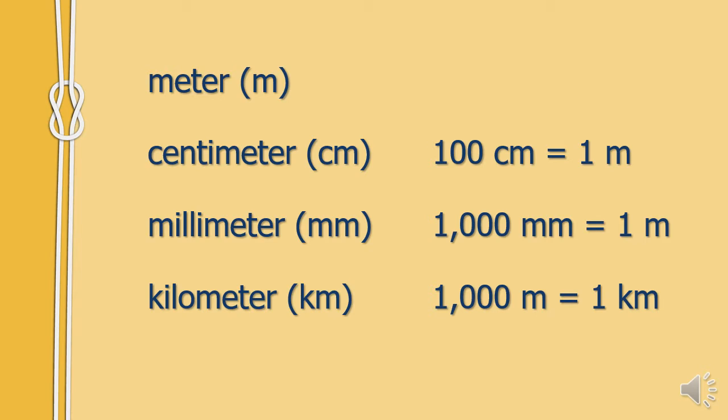So there are 100 centimeters in 1 meter. We have the millimeter. Milli means 1,000. That means there are 1,000 millimeters in 1 meter. We have the kilometer. Kilo means 1,000. There are 1,000 meters in 1 kilometer.